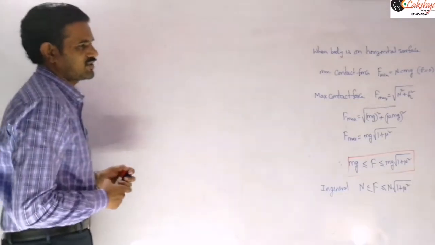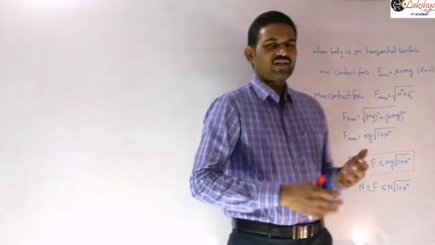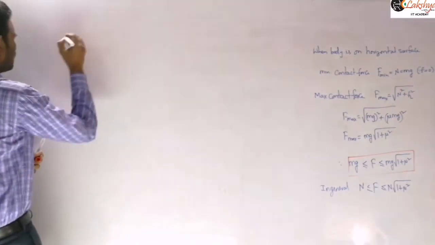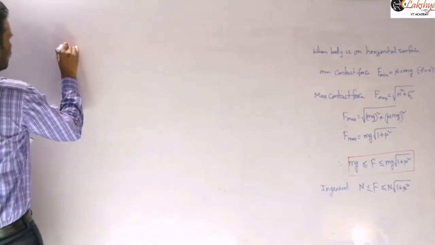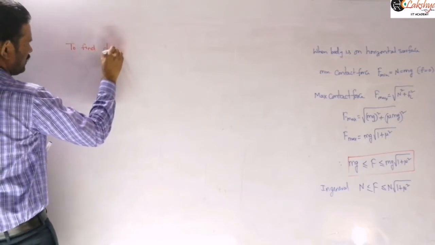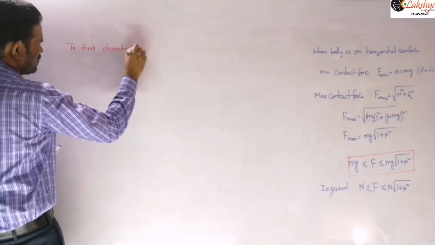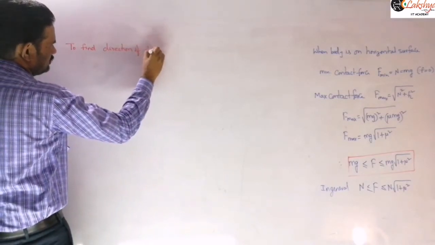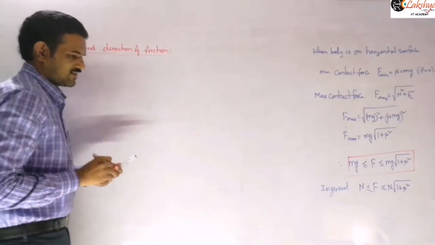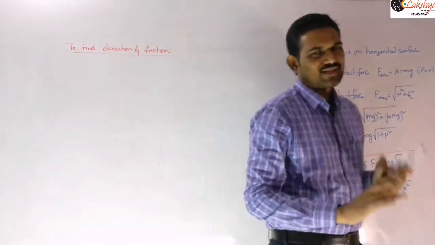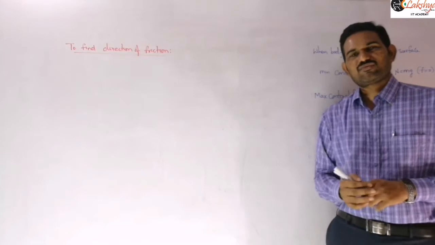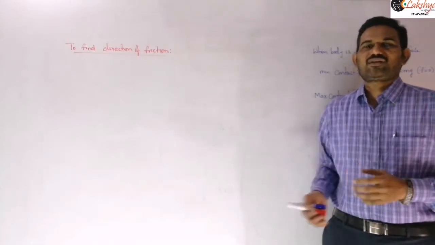And before going to this, I will explain how to identify the direction of the friction. So let us discuss the simple theory points regarding this: to find the direction of friction. In this friction topic, it is a major task to identify the direction of the friction in most of the problems, and most students make mistakes in identifying the direction of the friction.